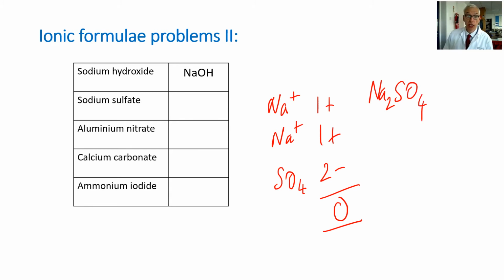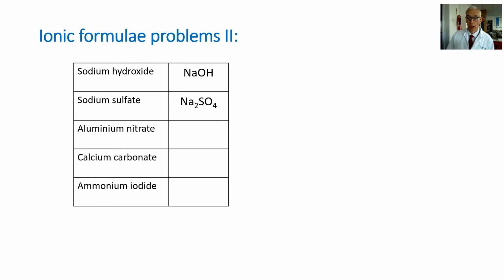So pause the video and try now for aluminium sulfate. I misspoke, aluminium nitrate is the next example. So aluminium, group 3, is a 3+ ion. The nitrate, if you don't know, you need to know, is NO3 1-.